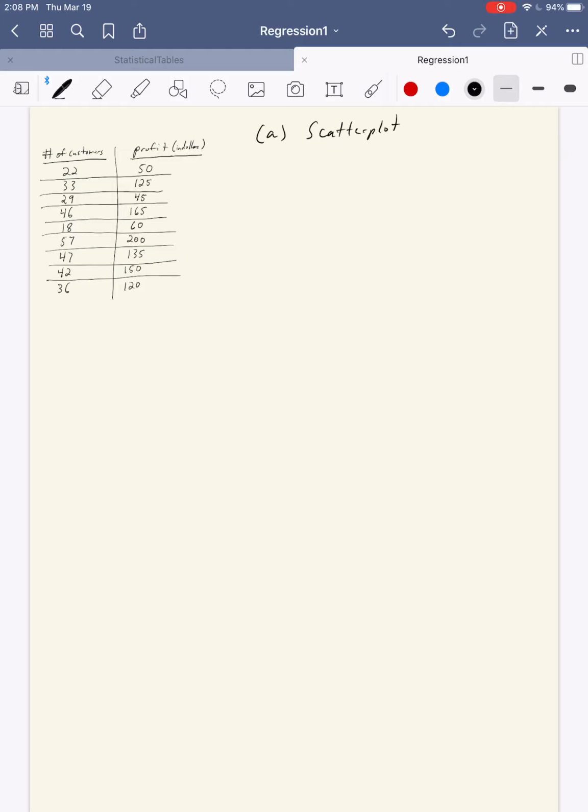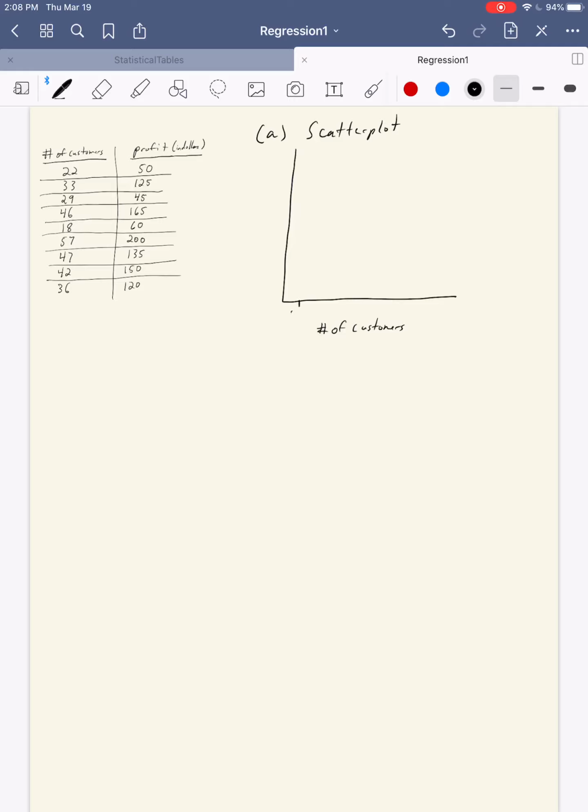For the scatter plot, we'll give ourselves our nice little coordinate axes here, and we have to think about how we want to label these. Our explanatory variable is going to be the number of customers. For number of customers, the lowest was 18, and the highest was 57. So we just have to pick a nice easy scale.